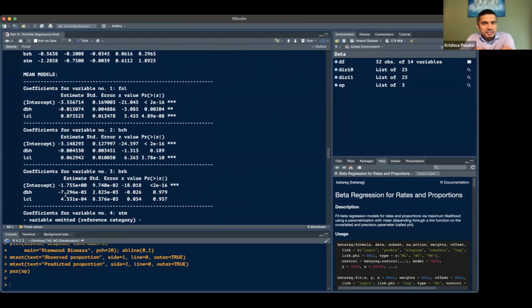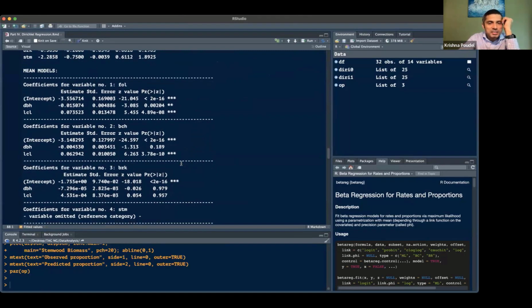Here I just use one set of predictor variables for all components. But if you look at the documentation for Dirichlet regression, you can specify, for example, just DBH as the predictor for bark. You can do that if you wanted to.